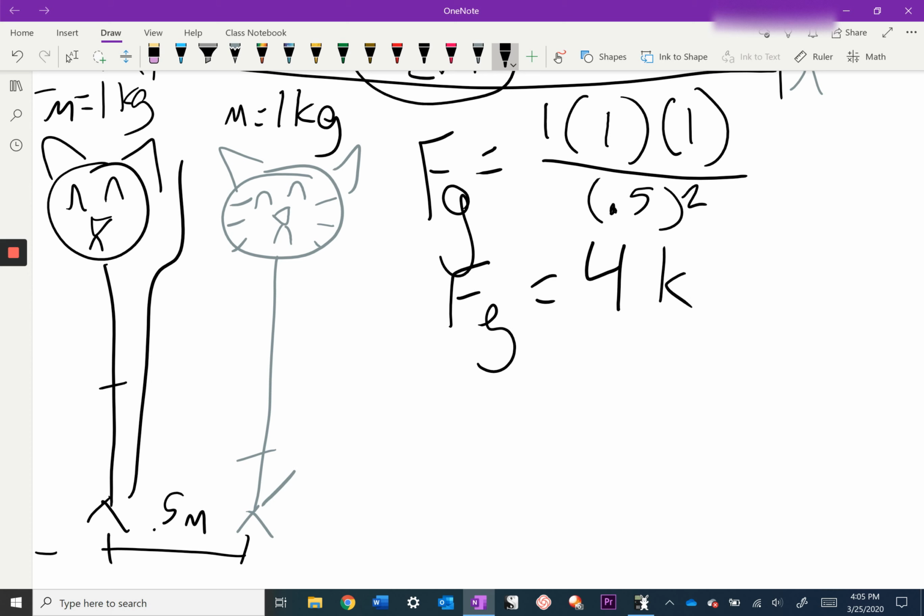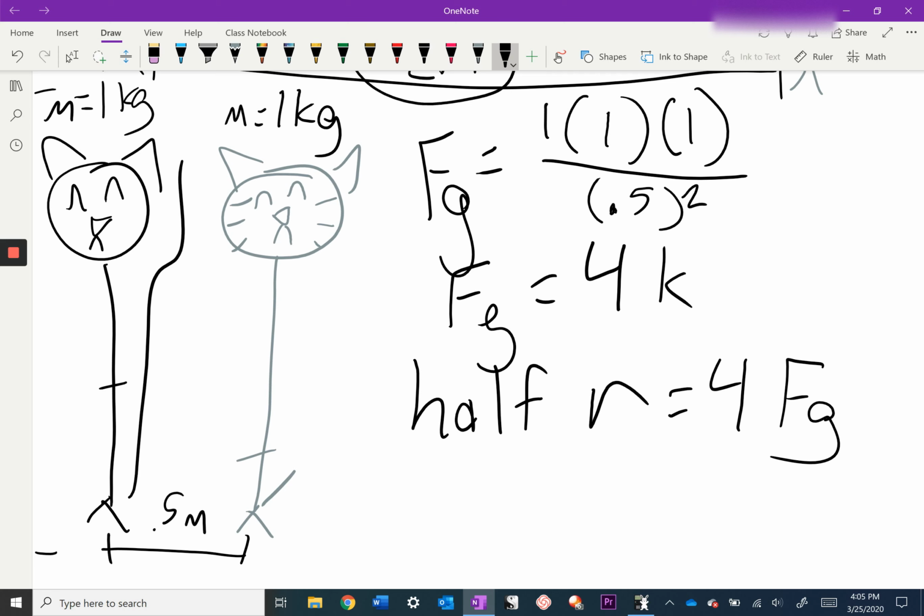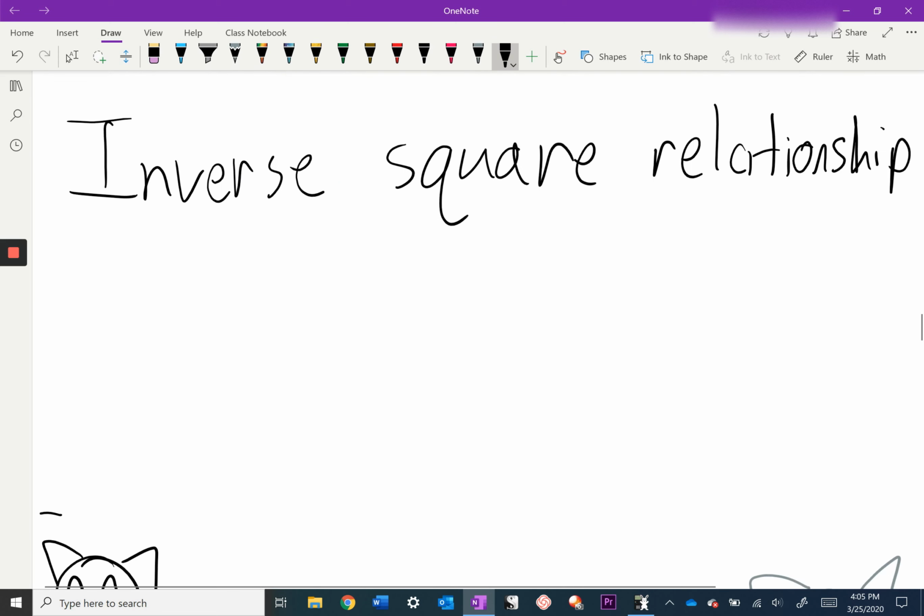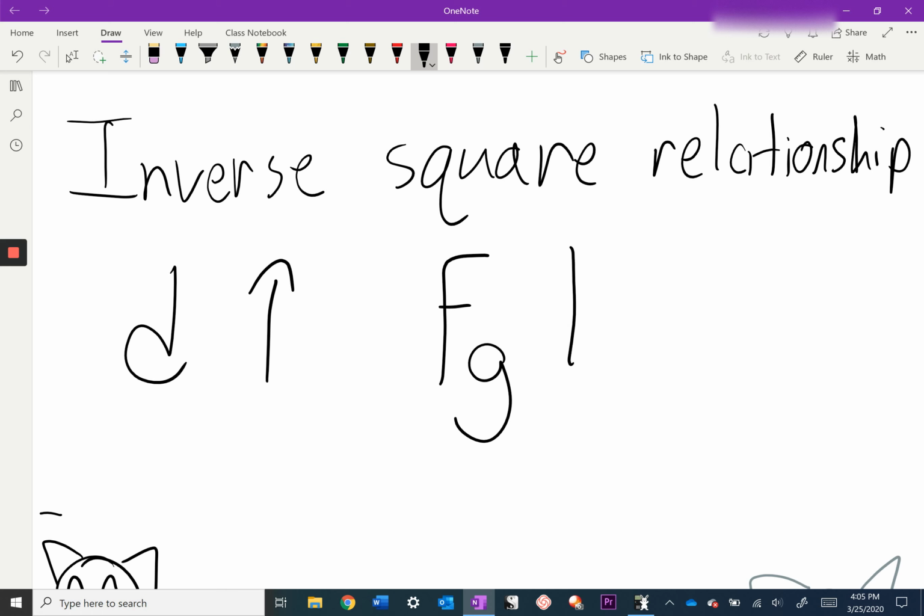That means if you halve R, you get 4 times the force of gravity. This is something called an inverse square relationship, which means as distance increases, the force of gravity comes down in a square pattern. So messing with your distance will have a much greater effect on the force of gravity than messing with your mass.